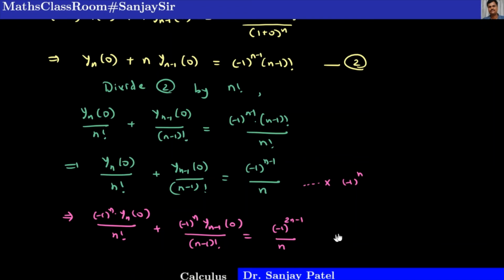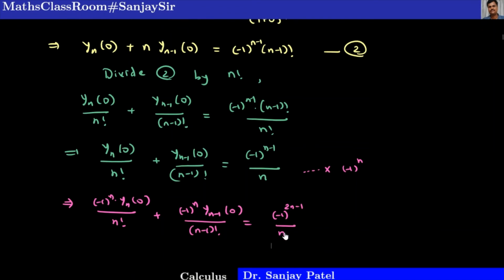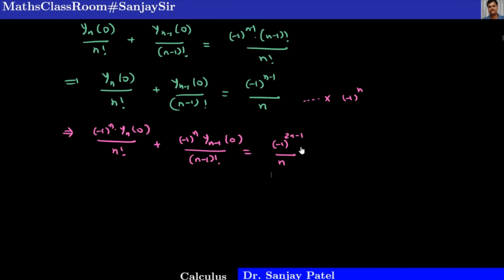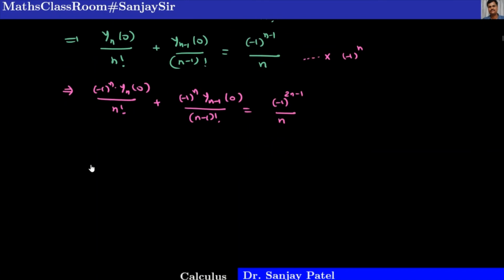So minus 1 raised to 2n minus 1, and 2n minus 1 is an odd number, so this is minus 1 only. We don't know what n is, but 2n minus 1 is always odd.